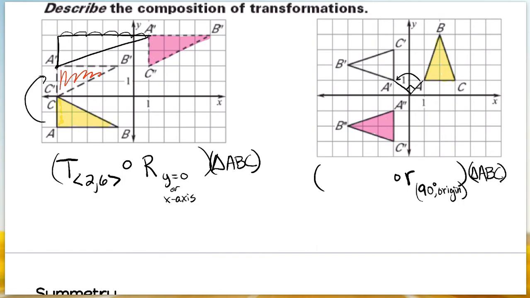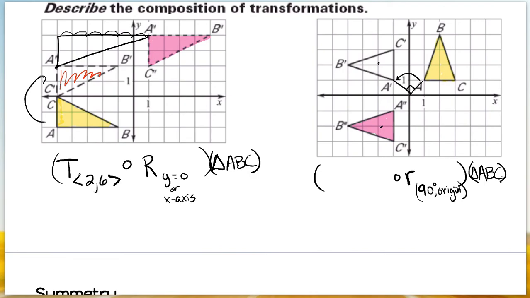Then I can see from the A prime, B prime, C prime here to the new one, it looks like a translation if you're just glancing at it, but if you look closer, notice how A prime was at the bottom of the triangle, but A double prime is at the top. And so since that has changed, it's not a translation, it's actually a reflection.